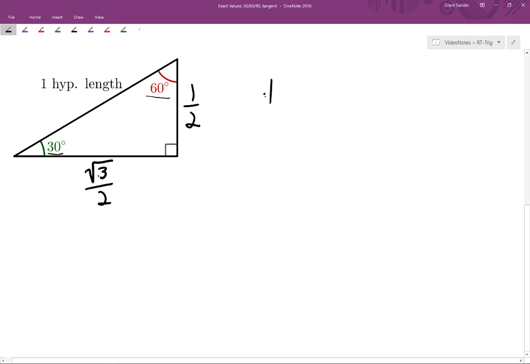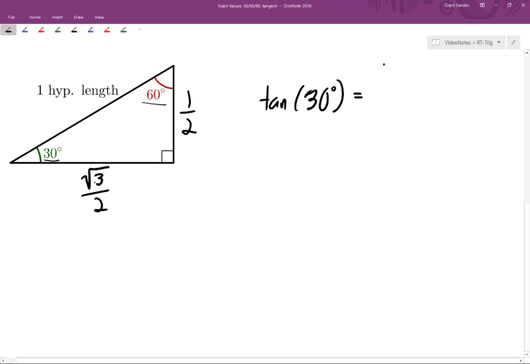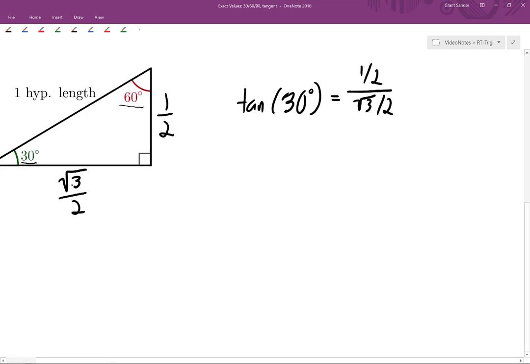So tangent of 30 degrees, if we're looking at this 30-degree angle here, represents the slope of the hypotenuse of this right triangle, and the slope of the hypotenuse is equal to 1/2 hypotenuse length for the vertical side, divided by square root of 3 divided by 2 hypotenuse lengths for the horizontal side.